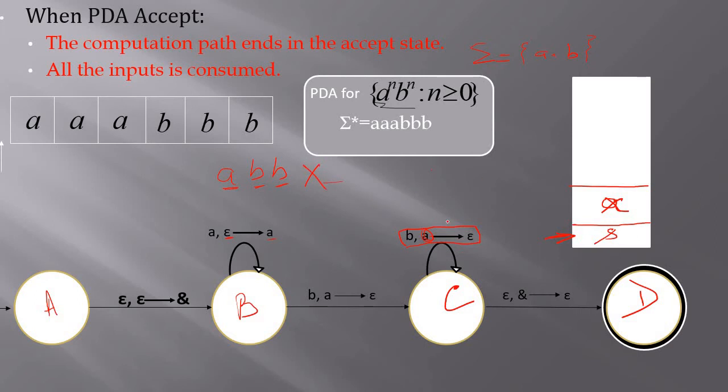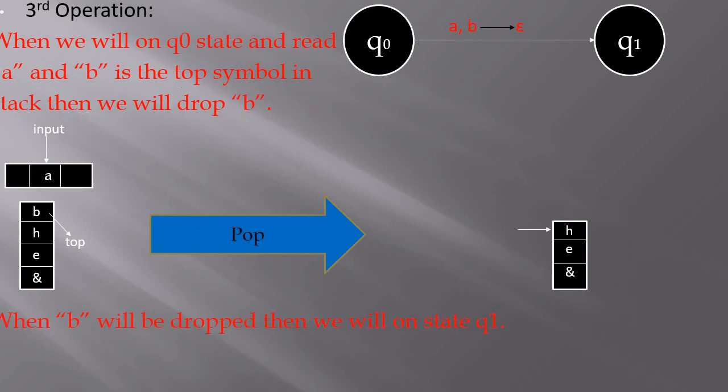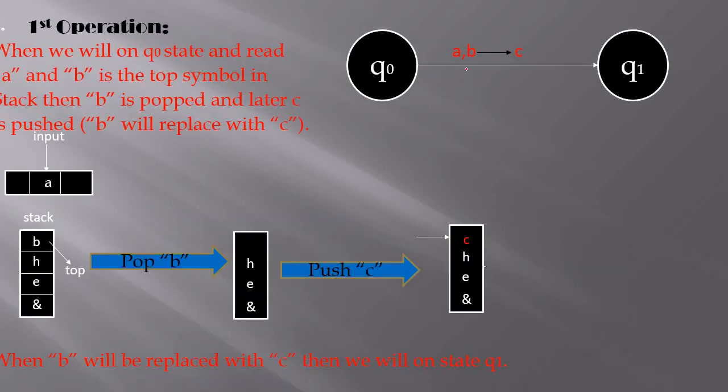In all the examples we were seeing here, we were given ideal conditions. Read A, pop B and push C. We were reading A and there was a B at the top, so we could easily pop it and push something.